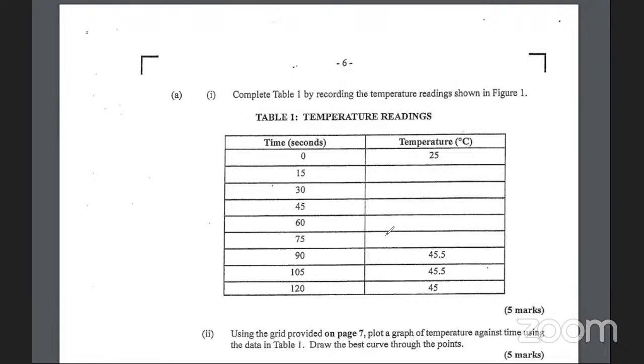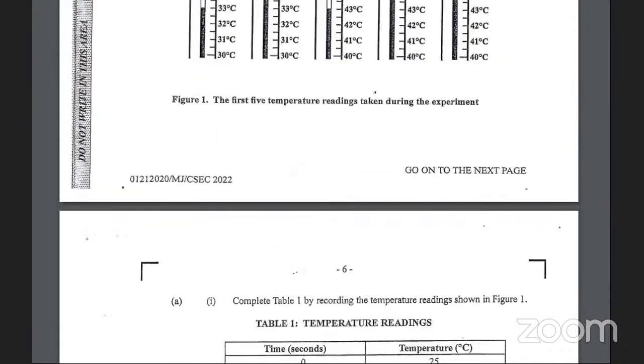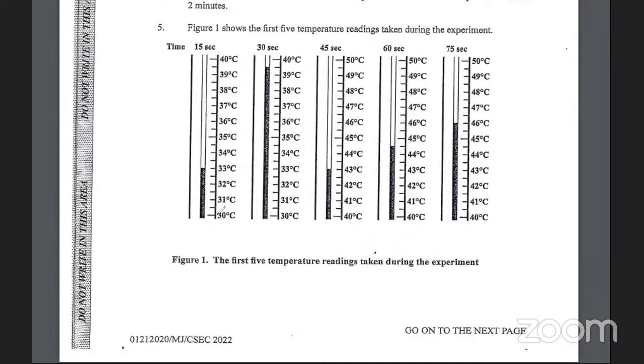All right, so from when we read the temperatures, as you can see, you would read going up. So 30, 31, 32, 33. This is halfway between 39 and 40, so it would be 39.5. Then 43, 43.5, and 46.